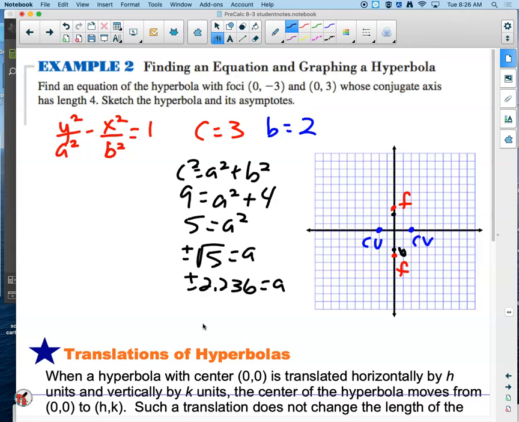Whoops. It's right over the top of that and make it a little V right there. So we have our A value. We could go ahead and write it. We might as well finish up the graph while we're here. We can make our box. Put our asymptotes on.